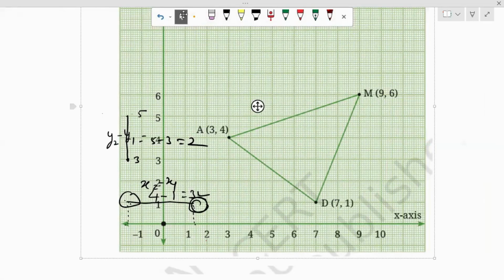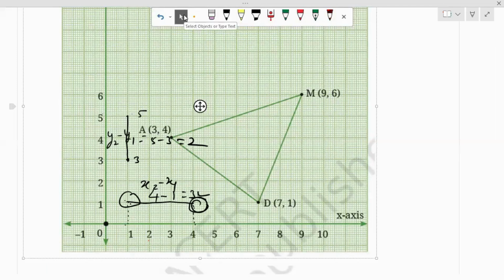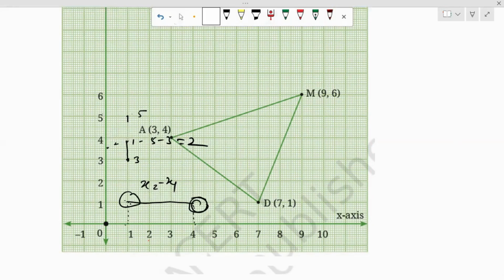But what about a line which is not parallel to the axis, like here you can see this AD, it is not parallel to the axis. How can you calculate its length? So for that, we will just draw lines which are parallel to the axes and then check where the lines intersect.